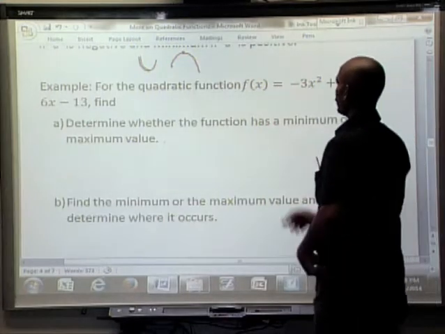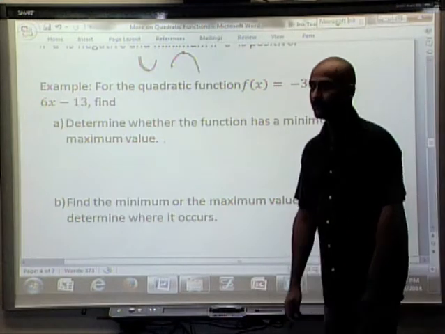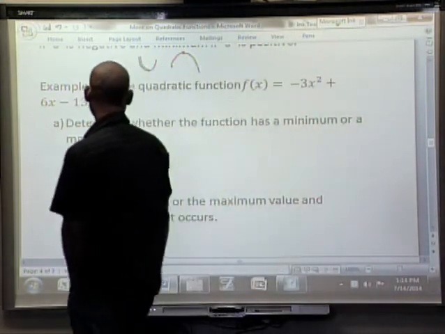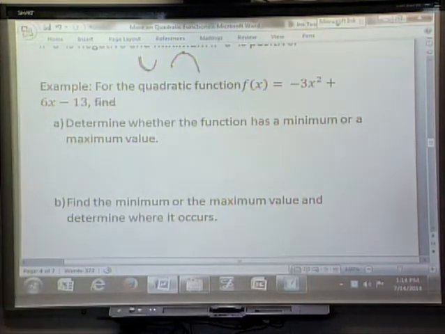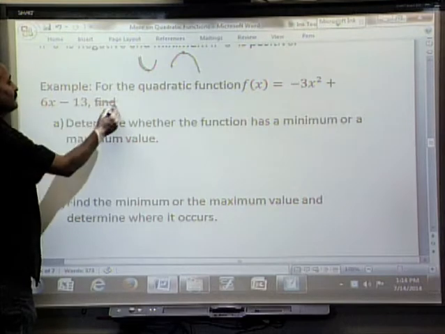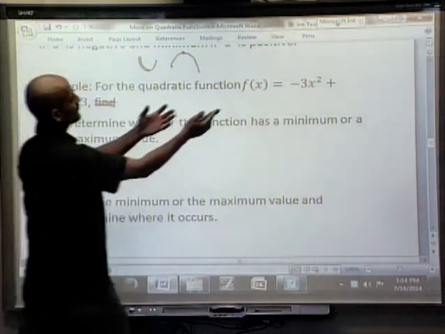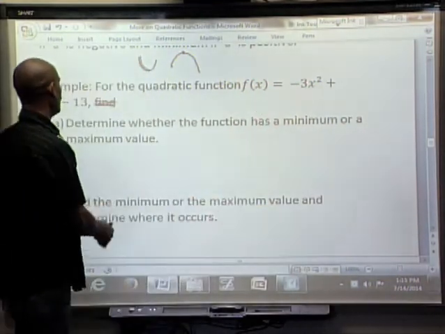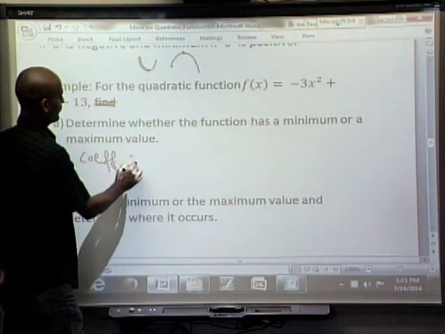Suppose there is a quadratic function f of x equal to negative 3x squared plus 6x minus 13. The first question is to determine whether the function has a maximum or a minimum value. In order to determine this, we need to note the coefficient of x squared, the number that multiplies x squared.